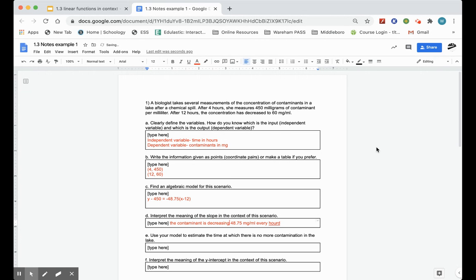All right, so to use our model, again, this is going to be a little bit of work. We're going to go back and we're going to distribute. So we're going to use this equation. And we're going to distribute the negative 48.75 and then add 450 to both sides.